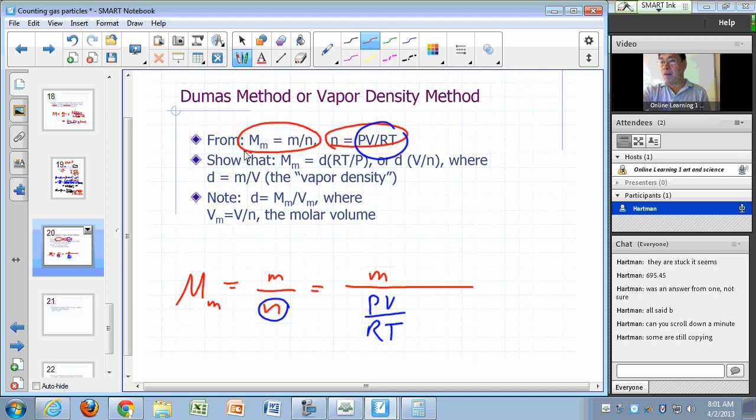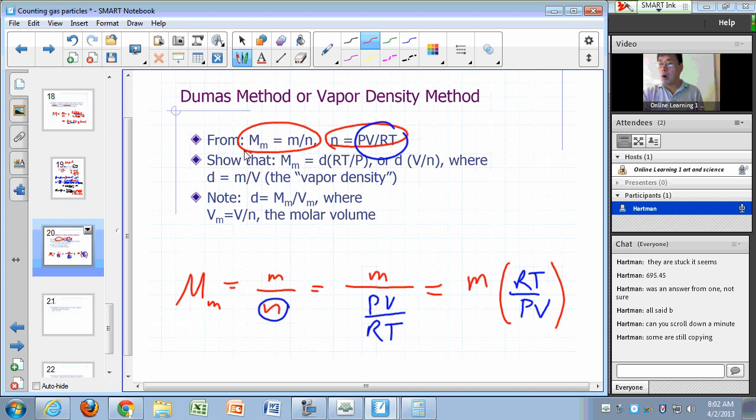And if I'm dividing by a fraction, what do I do with that fraction? I can flip that around and multiply instead. So that becomes m times RT over PV, right?